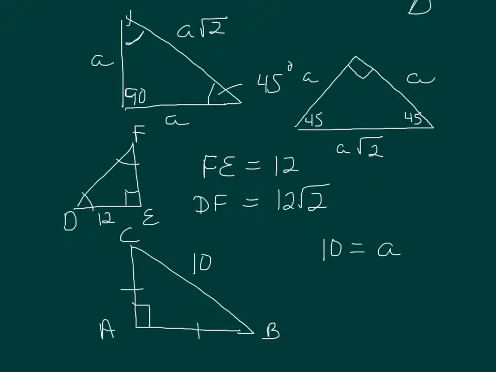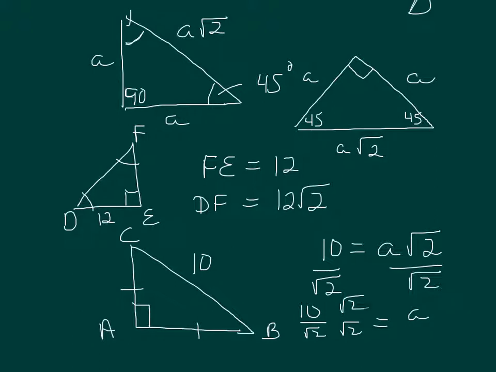10 equals A times the square root of 2. Now, how do I solve for A? Divide by the square root of 2. So A equals 10 over the square root of 2, and I have to multiply the top and the bottom by the square root of 2.